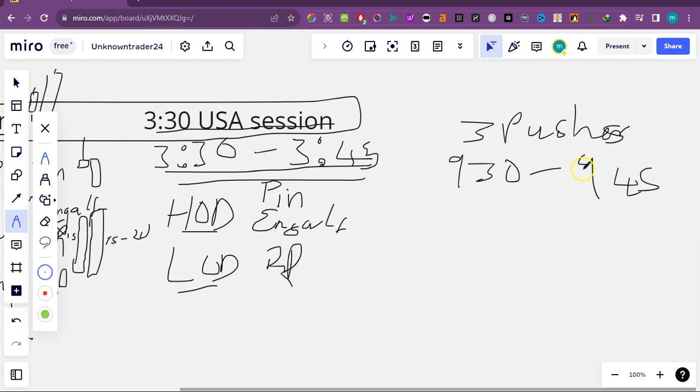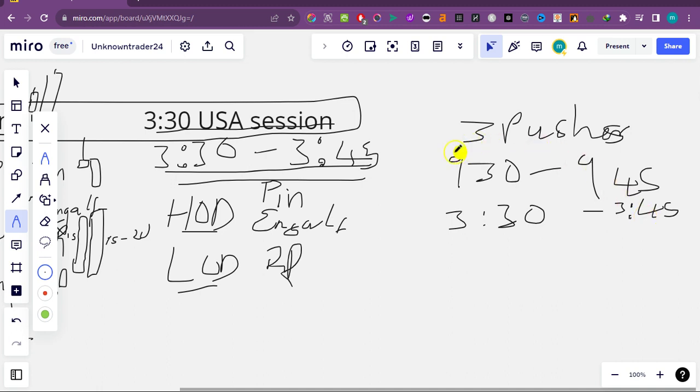On a 1-minute time frame it's going to be 15 candles. You just observe their behavior. Or if it's at 3:30 South African time, 3:30 to 3:45.